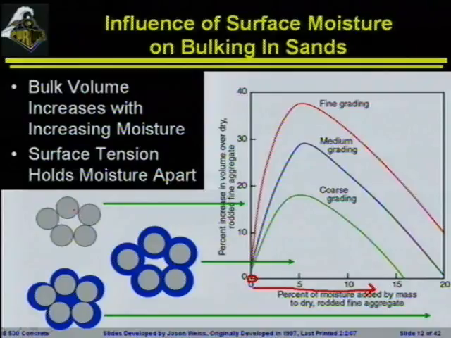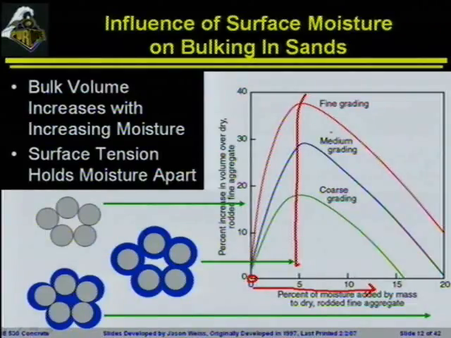The basic idea here is you've got the particles. As you start to add water into the system, it's going to push those particles apart, and then you're going to have particles kind of swimming in water, and the system is going to start to reconsolidate. One of the things that's kind of interesting about this is there's a certain volume percentage here. We've got 5% moisture content where the system is really kind of at its maximum volume.